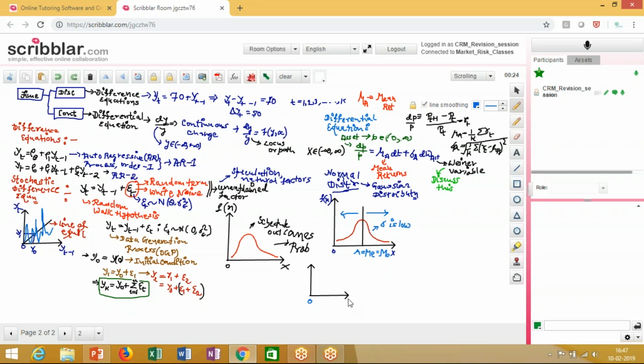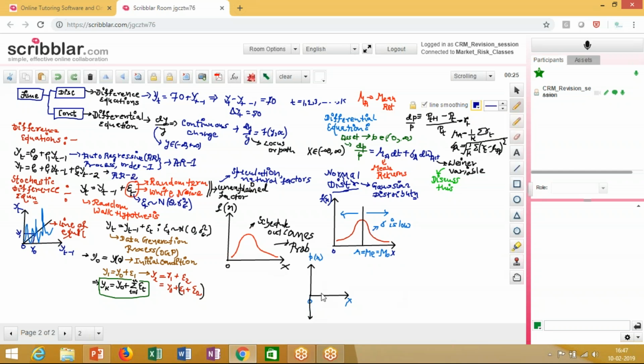This is 0, this is x, and over here I have the probability associated with x. Over here, let's say this is the mean value, so I'll just put a straight line here. So the mean is 0.